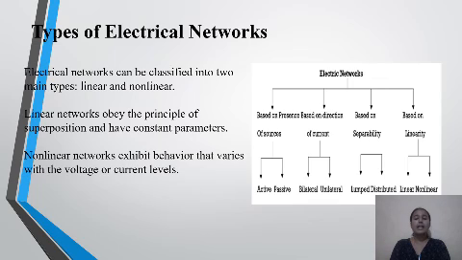Electrical networks are classified into four types: based on presence of source, based on direction of current, based on separability, and based on linearity. Based on presence of source, they are classified into two types, active and passive. Based on direction of current, bilateral and unilateral. Based on separability, lumped and distributed. Based on linearity, linear and non-linear.